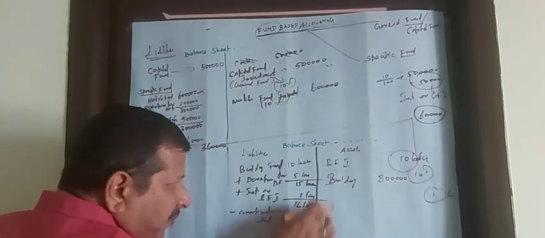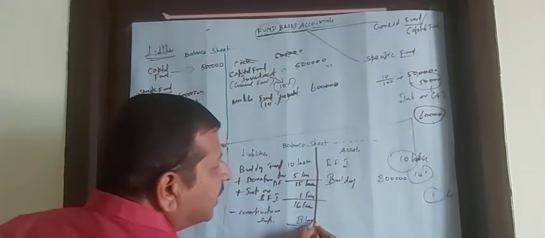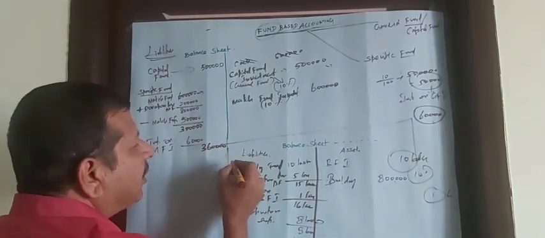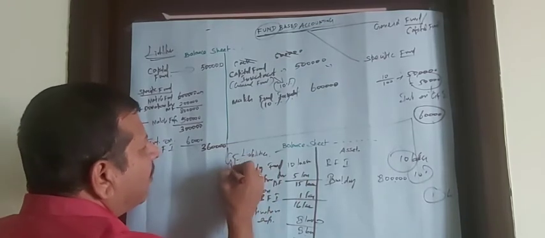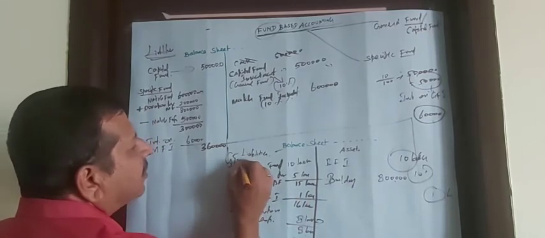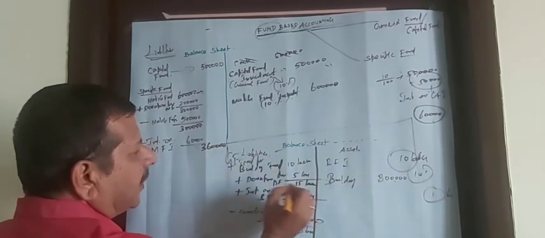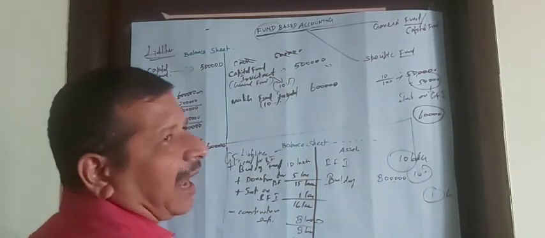From this fund, whatever amount we are subtracting, this 8 lakhs, don't forget to add it with the general fund. The general fund amount, this 8 lakhs, is to be added. That is called transferred from building fund. This 8 lakhs should be added here.